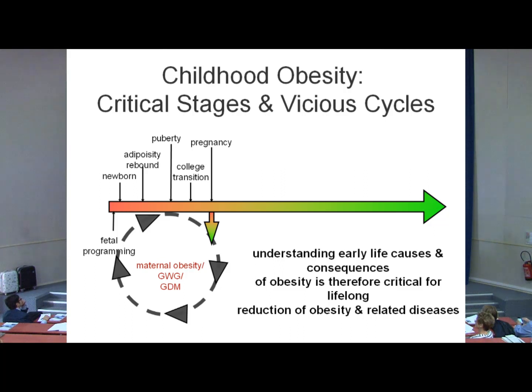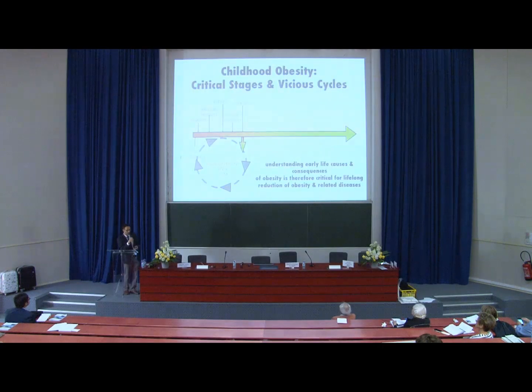These are all critical periods that have been identified for the development of obesity. And of course, in pregnancy itself, maternal obesity is a critical risk factor, and gestational weight gain and gestational diabetes all affect obesity in utero due to fetal programming.